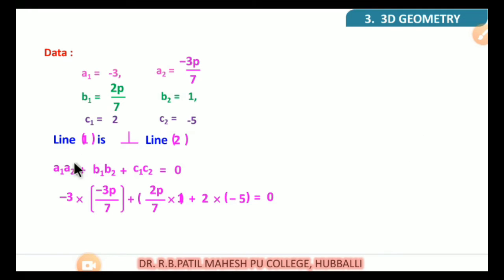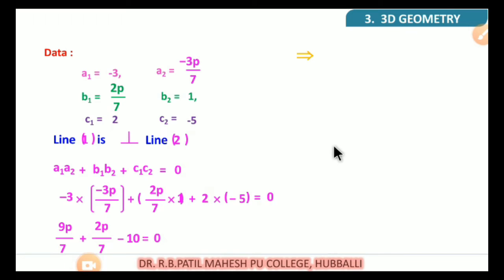So now we can multiply these two numbers here. Minus into minus becomes plus. So 3 into 3 means 9. So it becomes 9p by 7 plus 2p by 7 only because it is multiplied with 1. Then 2 into minus 5 is minus 10. So minus 10 is equal to 0.